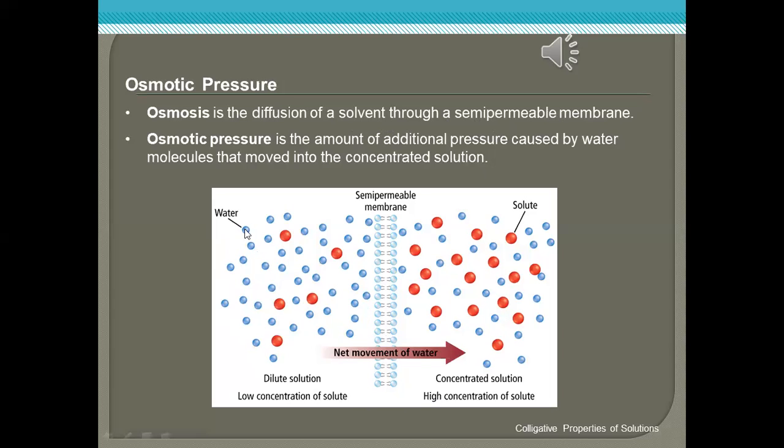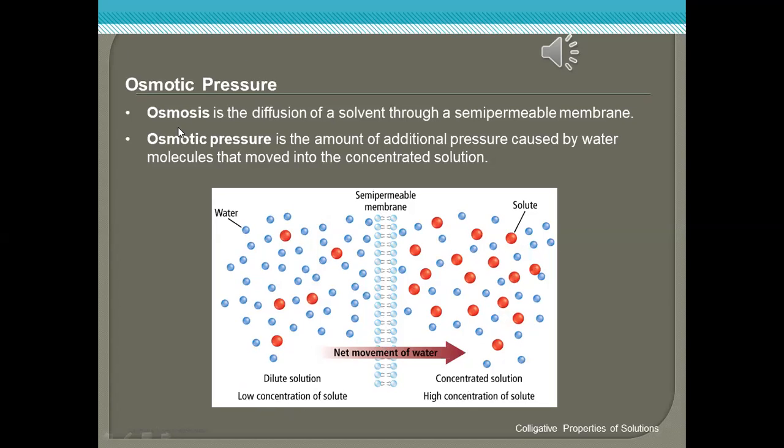The blue is water and the red balls are solute. A dilute solution has a low concentration of solute, here solute 1, 2, 3, 4, 5. But this one is called a concentrated solution, so it has a high concentration of solute. The number of solute particles is greater in the concentrated than in the dilute, separated by a semi-permeable membrane.